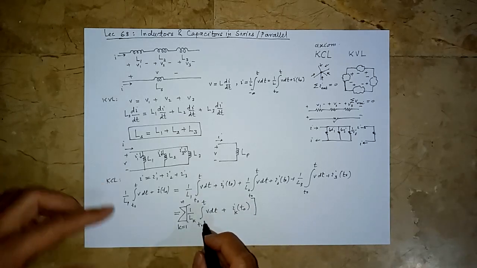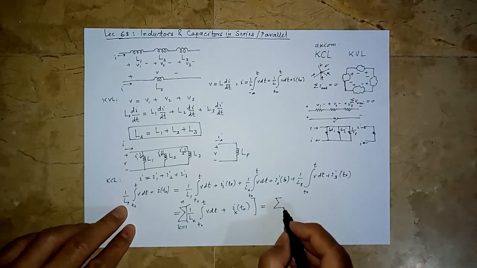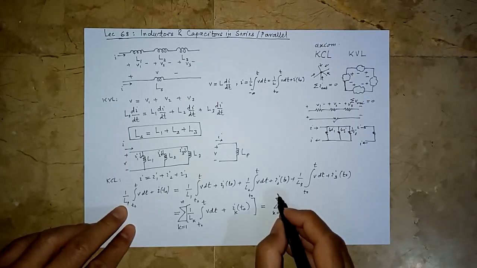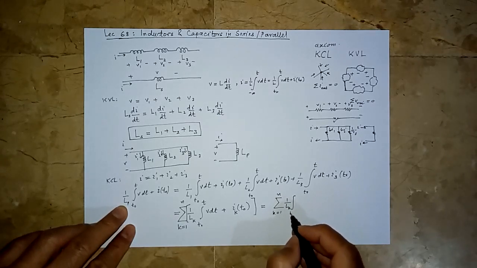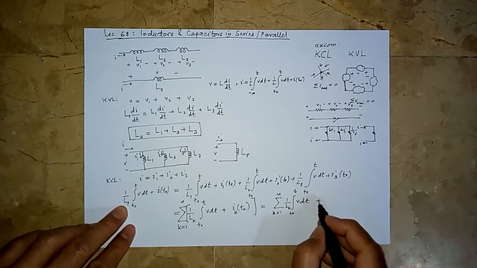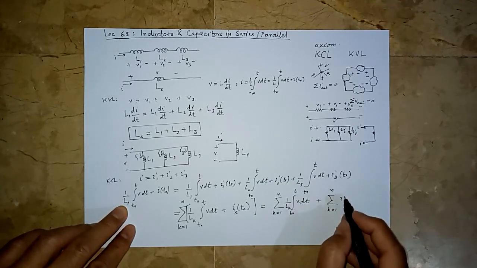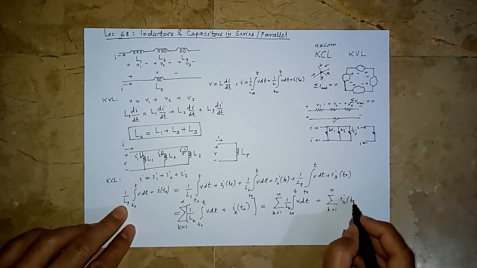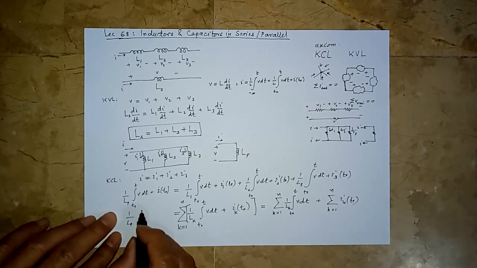So basically we can very easily see that this can be written as the summation of all the integral terms with 1 over Lk, plus the summation of all the constants, and this is going to be equal to 1 over LP.